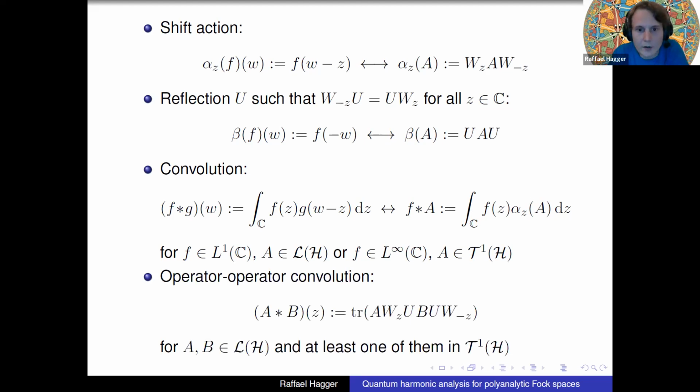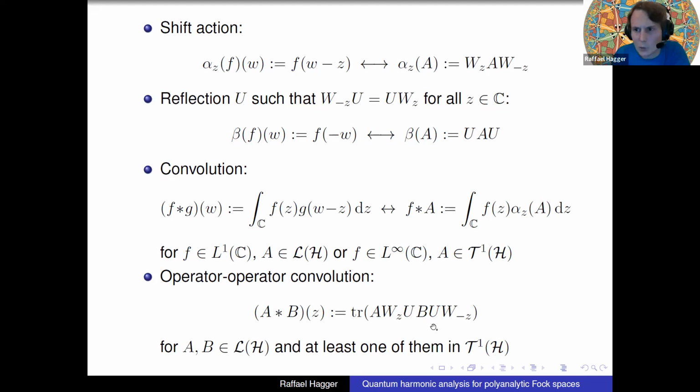But we can also define an operator-operator convolution. So when we replace both of the arguments by operators, now we have to work a little bit more, but again, a standard technique is to replace the integral by the trace. So now the integral is replaced by the trace, and then for the second argument again we put in the shift, but now we also have this reflection in there.